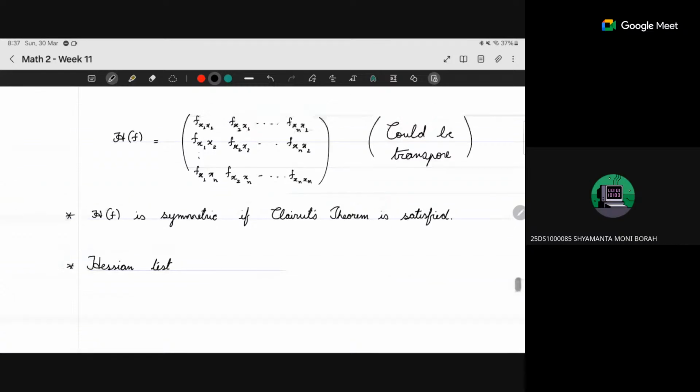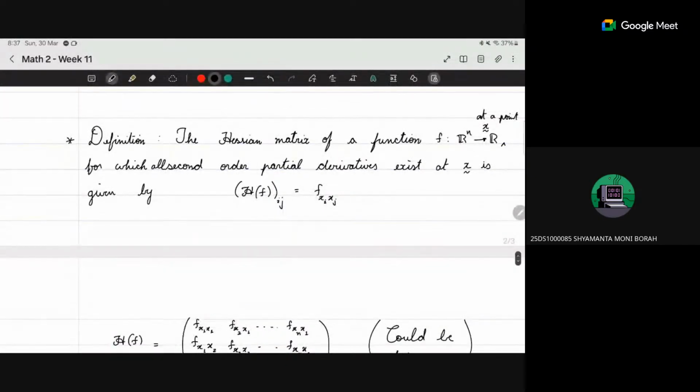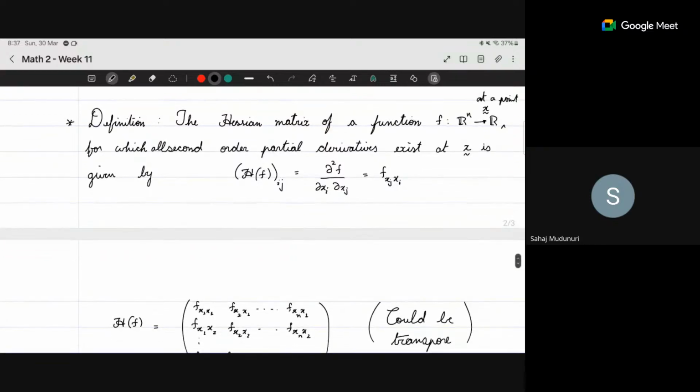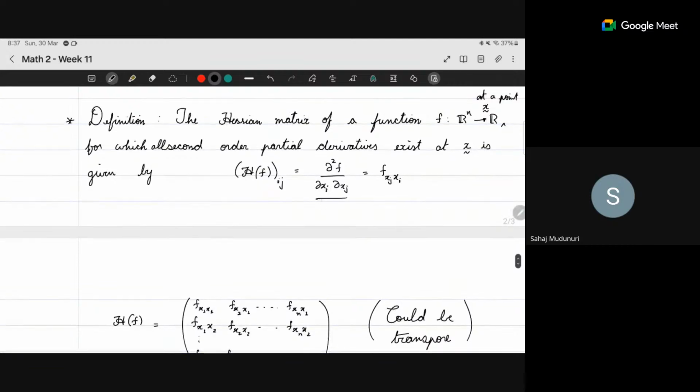This is fine. So the ijth entry is not actually f_{x_i x_j}, but it is del squared f by del x_i del x_j, or f_{x_j x_i}. Sir, could you please repeat which is first differentiated, then which is second? For the ijth entry, we'll do j first and then i, and that is written like this.